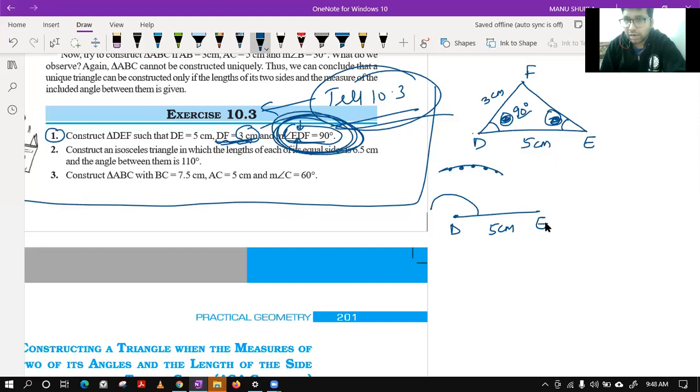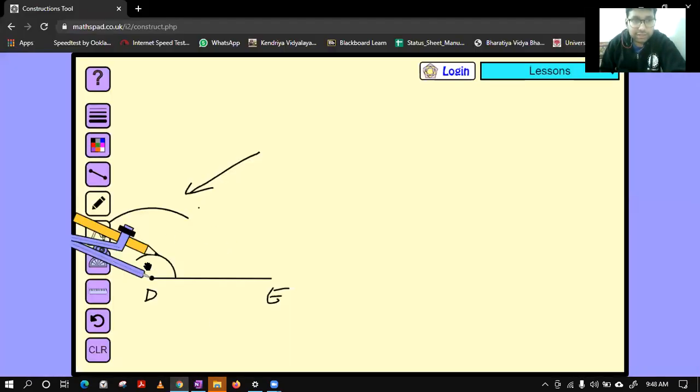First, we will draw an arc like this. We keep the compass on this 60 degree, then keeping on this 120 degree. Then we will bisect it, and this will be your point F. Now, are you getting this, Sarvagya? Our only issue was to find the point F. As soon as you have found the point F, it is very easy to complete the triangle. So let's make the complete angle 90 degree.